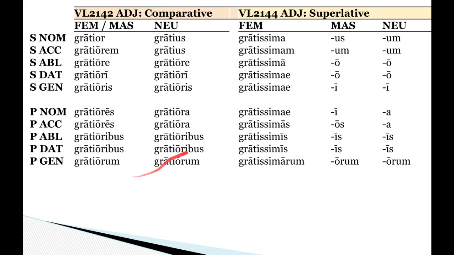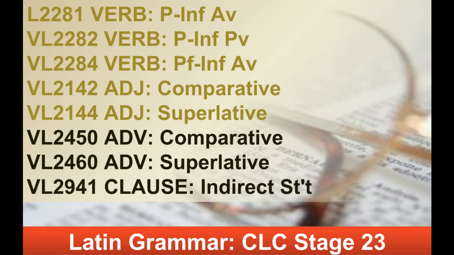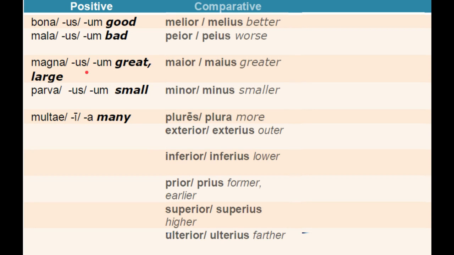Let's play more with the comparative. Now, for adverbs, remember an adverb is modifying a verb. So in the positive, for good, bad, great, small, the comparative makes it better, worse, greater.